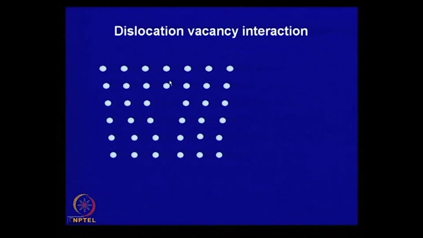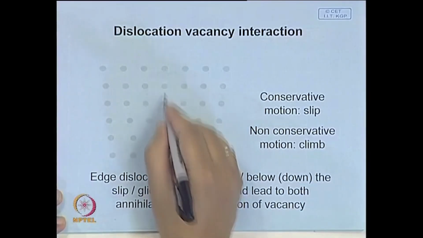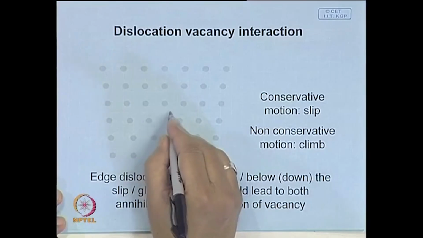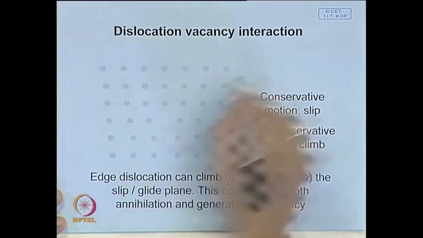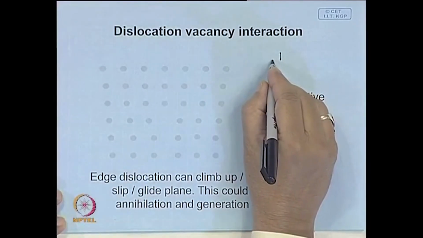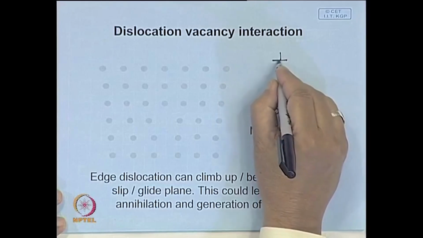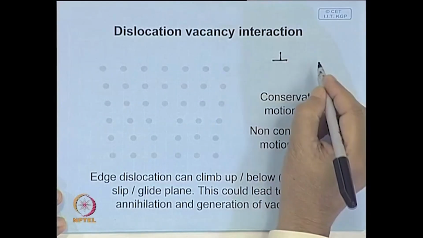This is called a climb motion of a dislocation. We call this a non-conservative motion of dislocation. Why? Suppose in this particular case this is a vacant space. Normally, edge dislocations are represented as an extra plane of atoms. This is the glide plane, and this is that extra plane.